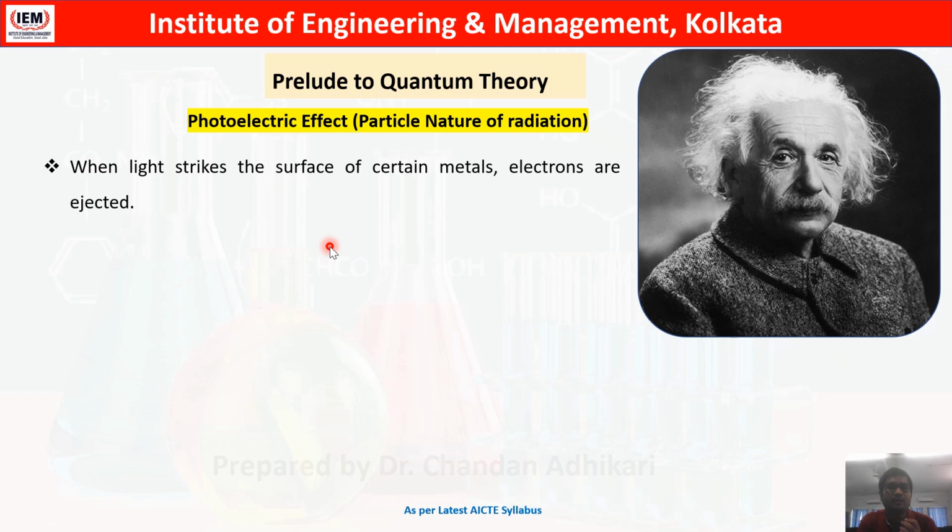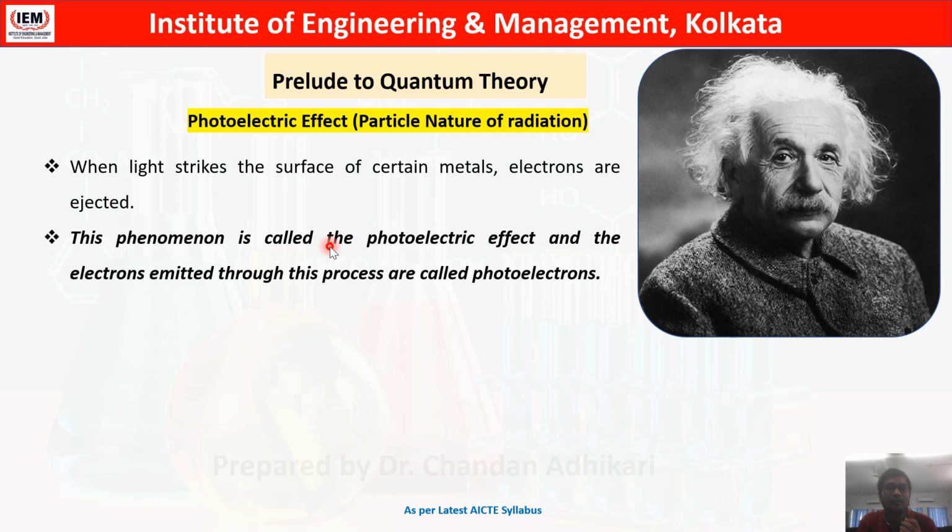So Einstein was at that time working on the photoelectric effect, that is, if you shine radiation on a metal surface, then electrons are ejected, and this phenomenon could not be explained properly by classical physics.